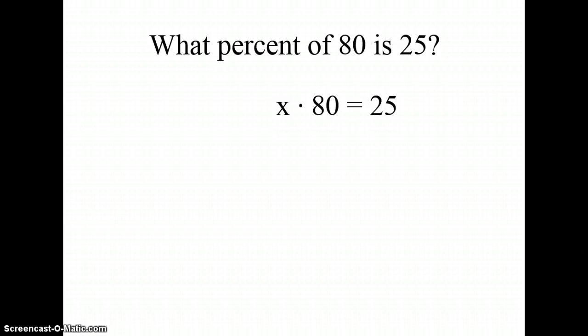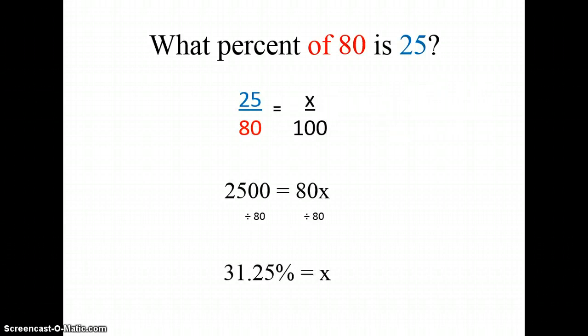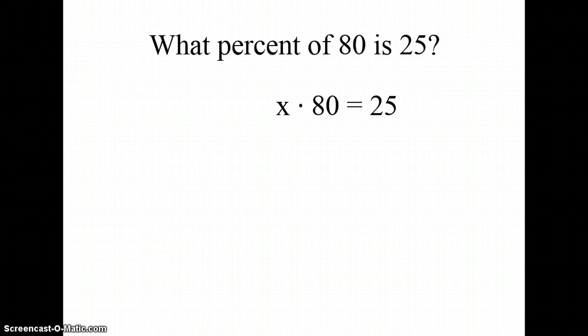We noticed in the previous problem, I ended up really having a division problem, or a one-step multiplication equation where I had to solve using division. But let's look at this equation that I've written here. The percent, which I don't know, can be multiplied by 80 because this word of, remember we talked earlier that of can also mean multiply?